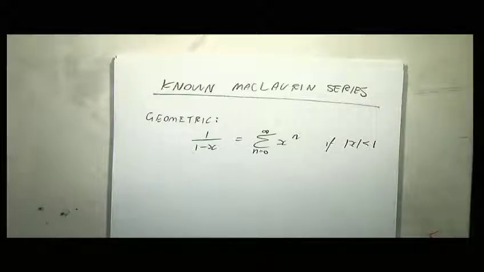Okay? When it was first introduced to you, it was the other way around. You saw the series to begin with and you managed to figure out what it was equal to. But this is the Maclaurin series for x to the n, and only works if the absolute value of x is less than 1. So if x was a half, the answer would be 1 over 1 minus a half, which would be 2. And that's the geometric series. You're supposed to just know that.